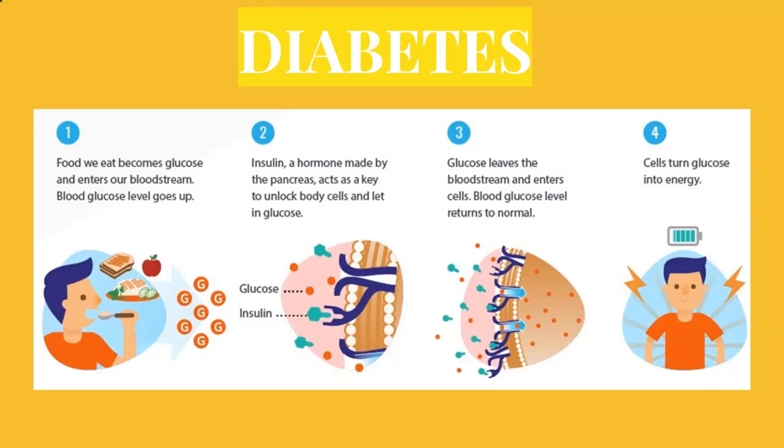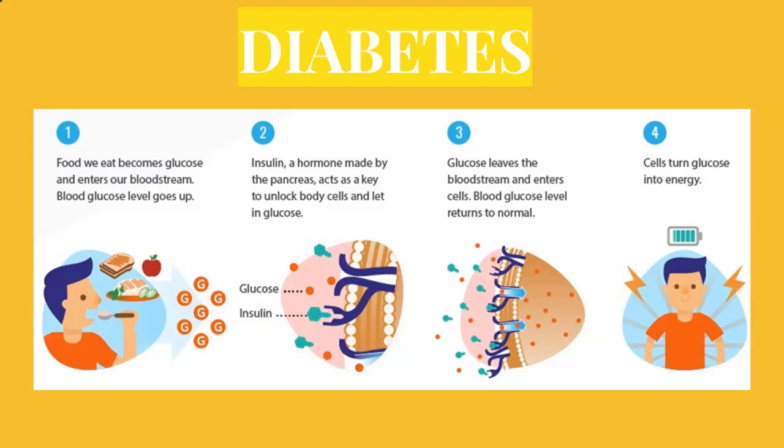So if you look at the graphic, when we eat, our body digests the food and drink and takes anything we eat that has sugar or carbohydrates in it and breaks it down into glucose. That glucose is another word for sugar. So that goes into our bloodstream, and then our blood sugar goes up.